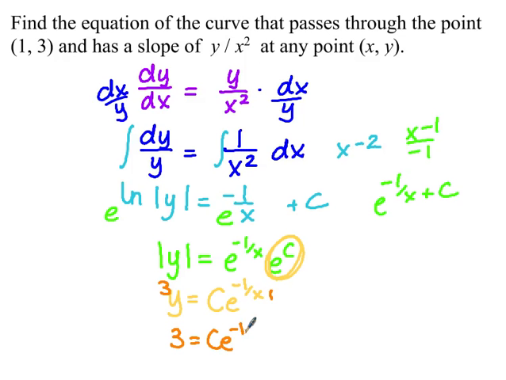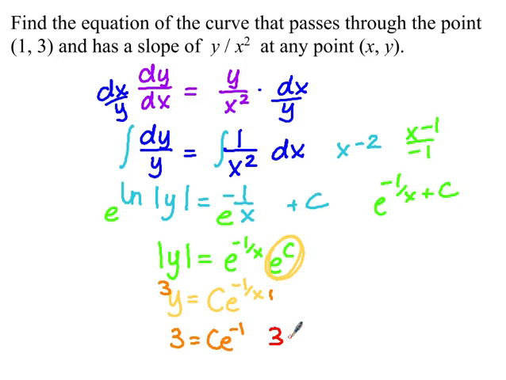So, what do we get c to equal? 3 divided by e to the negative 1.